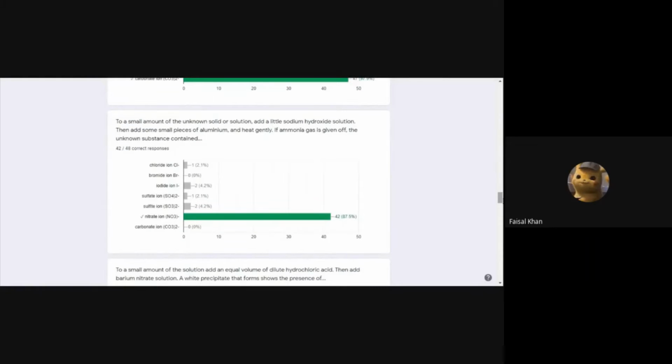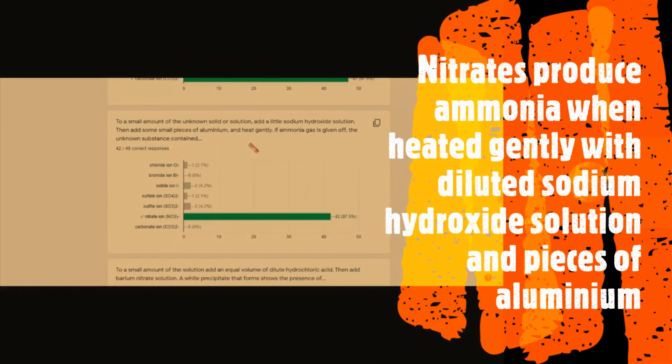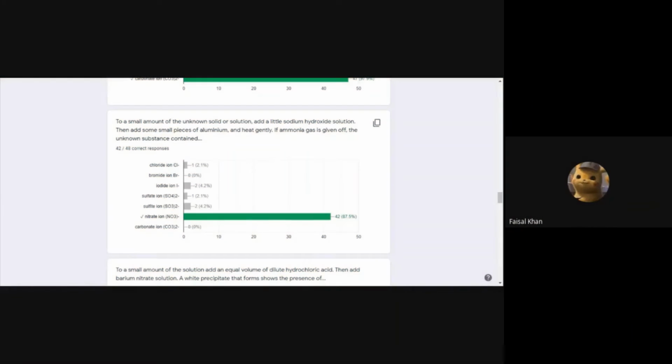Right, the next one, nitrate, seemed to cause quite a bit of a stir. But the nitrate test is a very unique test. Small pieces of aluminium, sometimes powdered aluminium, heat gently. If ammonia gas is given off, the unknown substance contains nitrate ions.